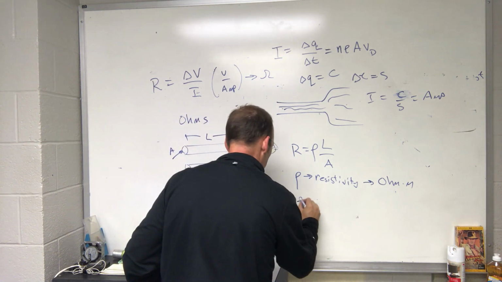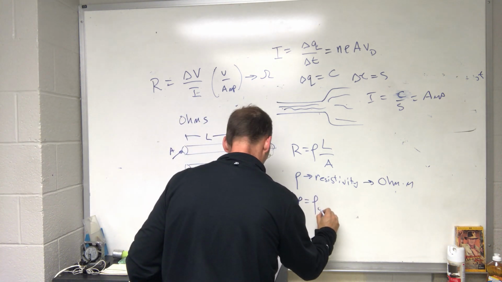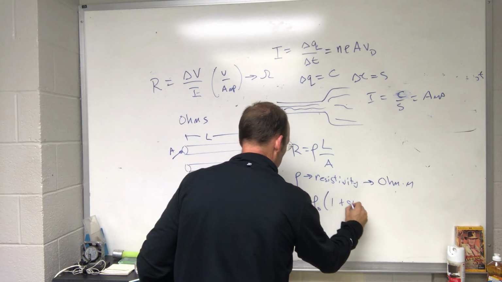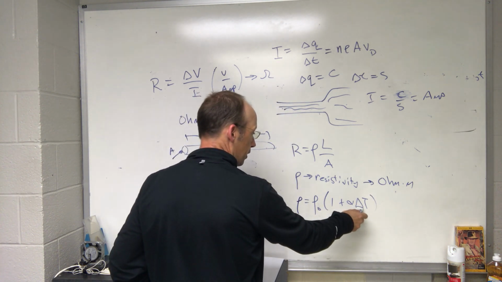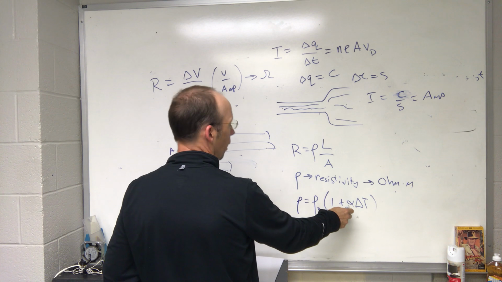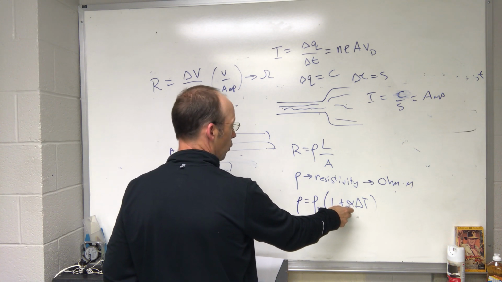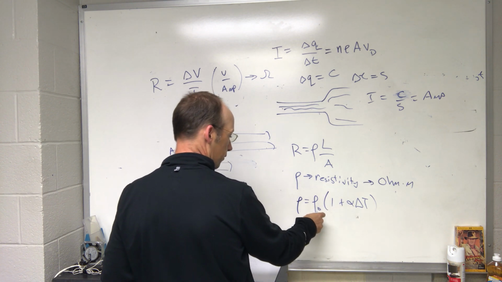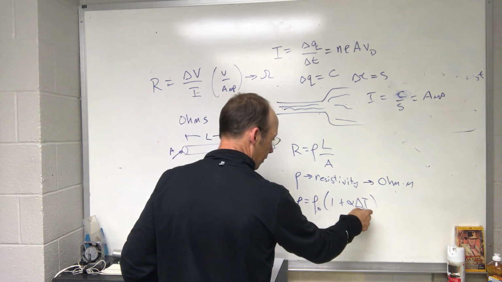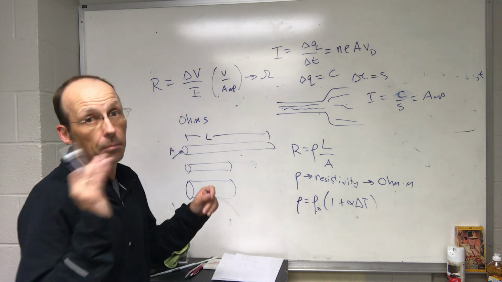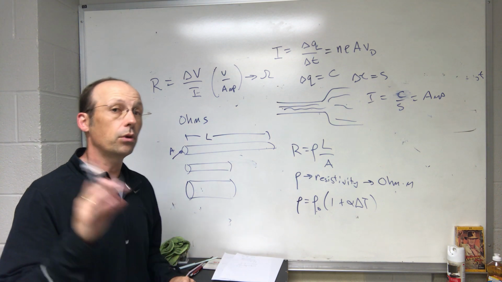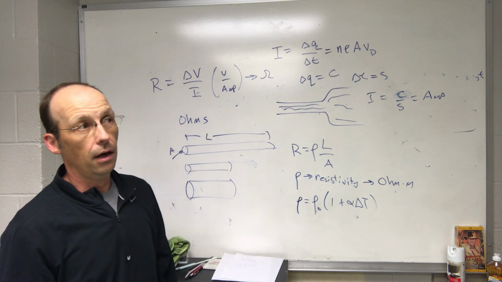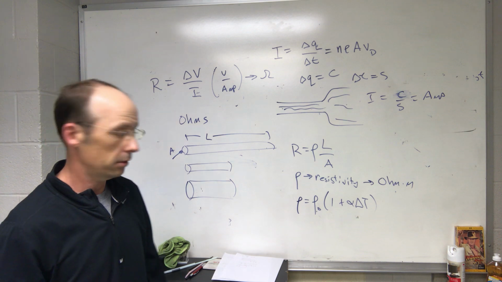We can write this as rho equals rho 0 times 1 plus alpha delta T. So delta T is the change in temperature, alpha is the thermal resistance coefficient, and rho 0 is the resistivity at the initial temperature. But the point is that it does change. Hotter things have a greater resistance, which has a lot of impacts in real-world applications.